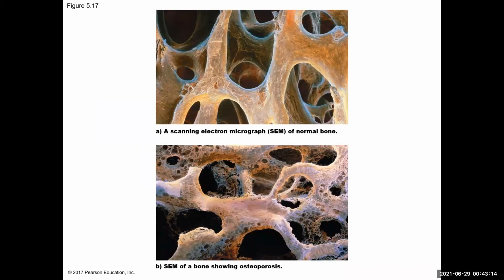And so here's an image of a normal bone. Pay attention to the lattice work here, that spongy bone inside of a bone, compared to a bone with osteoporosis. You notice there are holes in that structure, it looks a lot more brittle, and you can see, especially right in there and there, here too, why those bones are so much easier to break.